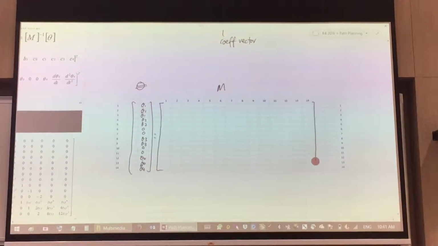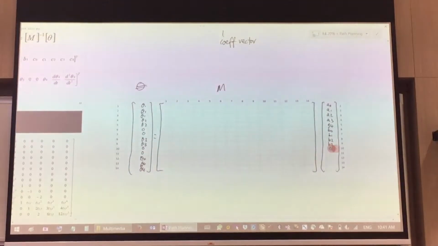M matrix is going to be here, and then multiplied by your C matrix. In the C matrix will be A0, A1, A2, A3, A4, B0, B1, B2, B3, C1, C1, C2, C3, C4.